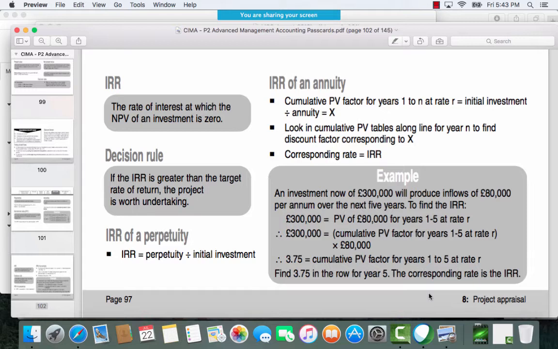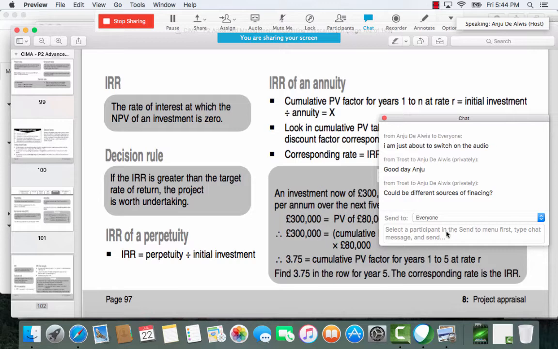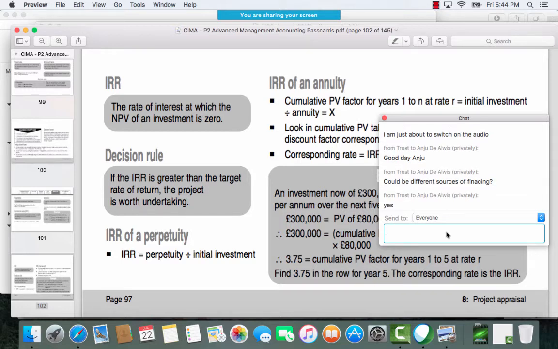Have you guys done the calculation of a net present value using the discounting factors? I just want to find out your technical ability, because if you have not done it, that's fine.